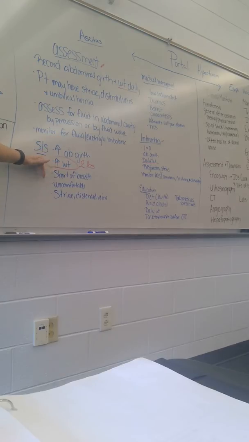So we've established daily weight is one of our priorities, but going hand in hand with daily weight, what else do we need to assess? Okay, but before we do eyes and O's, do what? Okay, fluid restrictions. What else?